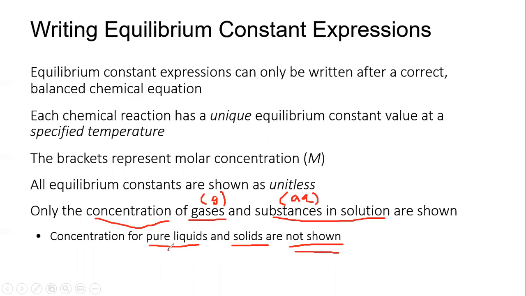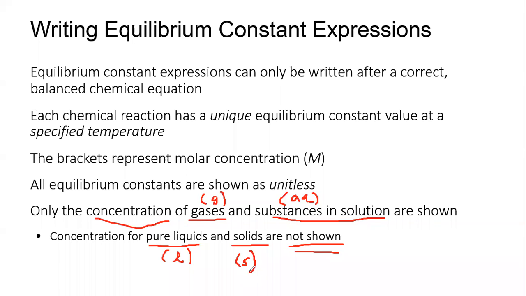So if you have an L next to a reactant or product, or an S, those are not included in the equilibrium expression. Only gases and aqueous species are included. Solids and liquids are not. So you would omit those from the equilibrium expression.